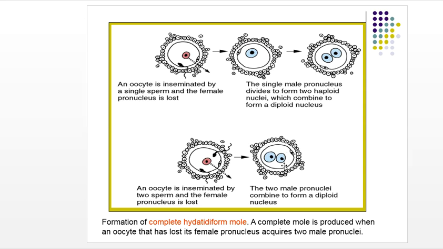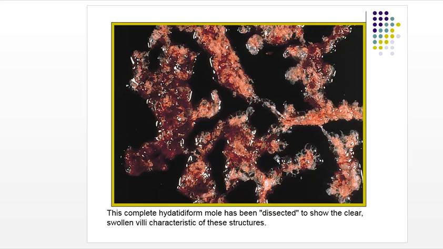Again, here we have a paternal genome. In these pictures, you can see histological slides that show the clear swollen villi, really characteristic of these structures. In this patient, it means that in hydatidiform moles we have a high secretion of hCG, and the patients show signs of pregnancy, but unfortunately only the placenta is formed; the embryo isn't formed.